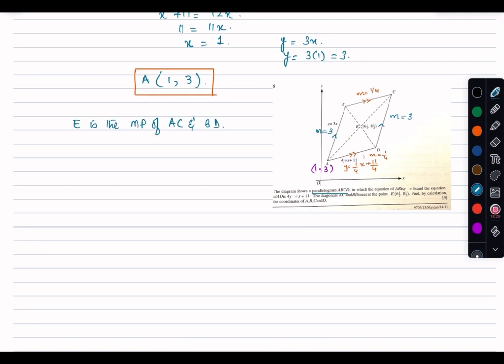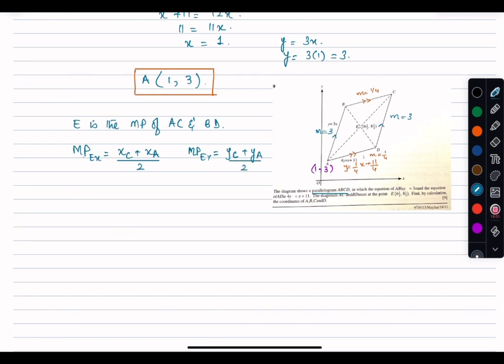So if E is the midpoint of AC, I can use the midpoint formula, which says that the x coordinate of E shall be equal to the x coordinate of C plus the x coordinate of A, divided by 2. In the same manner, the y coordinate of E should be the y coordinate of C plus the y coordinate of A, divided by 2.